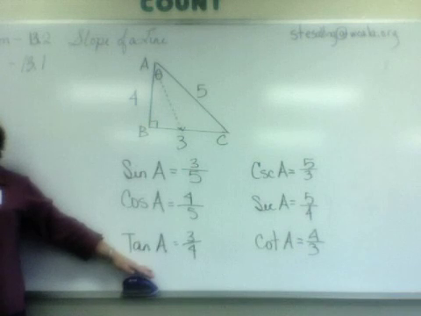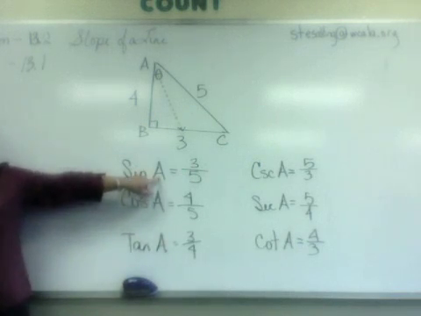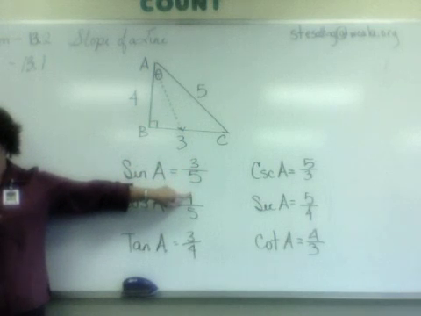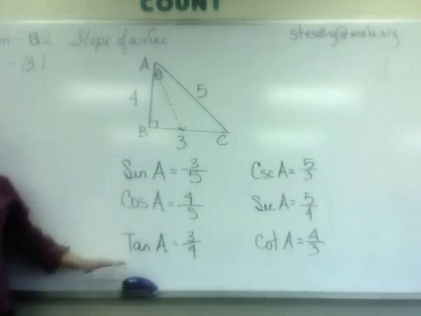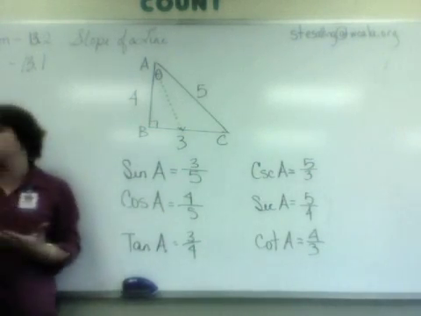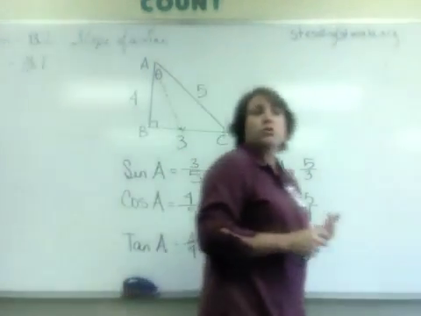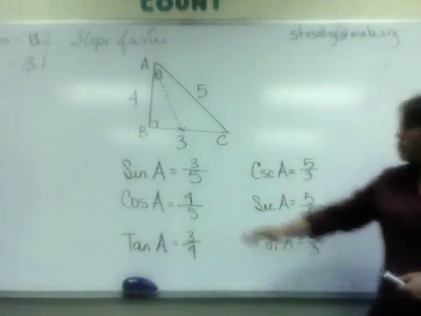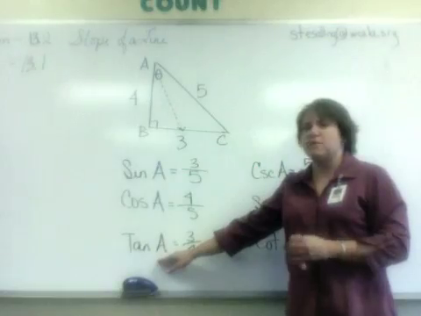No, we don't. Because if we knew an angle measure and one side, we could find another. Okay? So these functions are useful when we don't know 2 sides of the triangle, but we do know at least one angle measure.